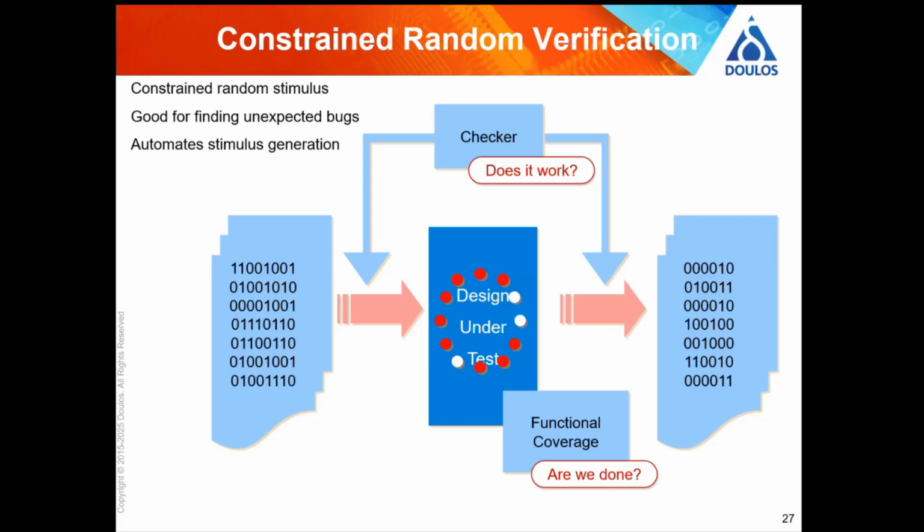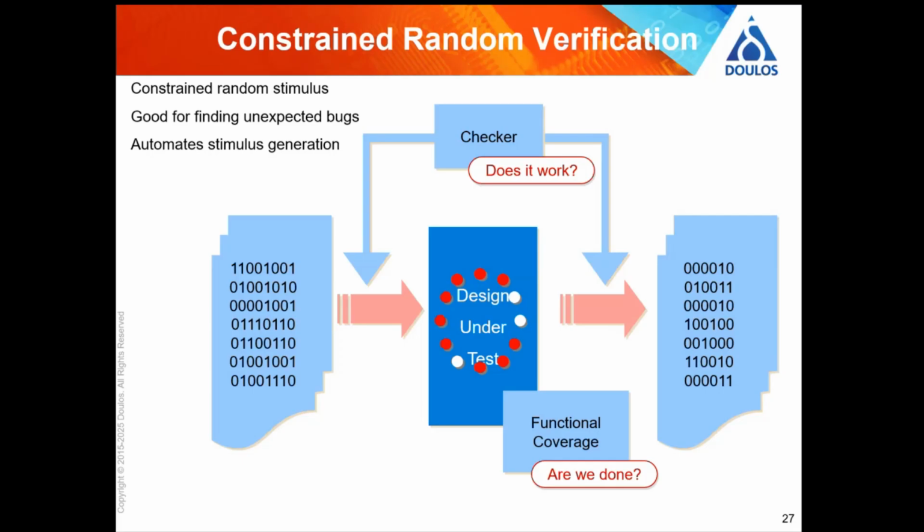Have I seen this CPU instruction? Have I seen a jump, a load, a store, whatever it is that you're doing? And if your design under test hasn't done all of the things it needs to be able to do, then you haven't tested it, basically. So that's something else that you need to do. More on that story later.